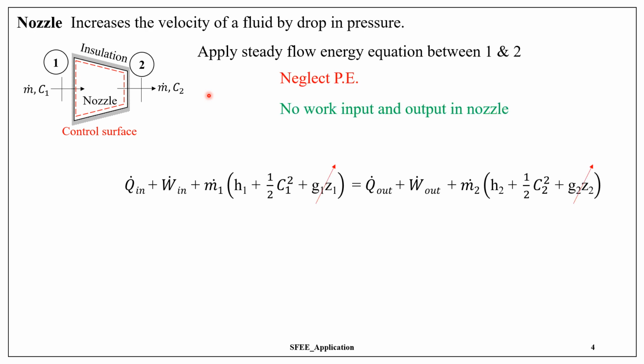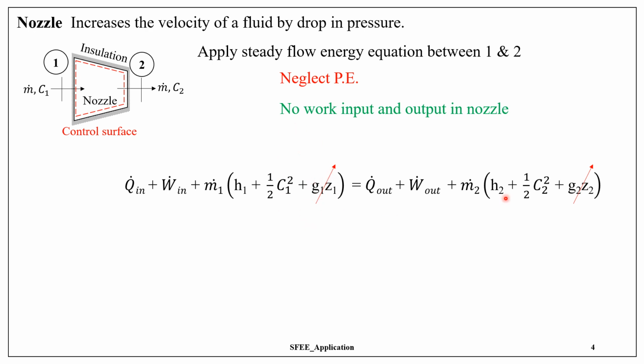Therefore, we cannot neglect the kinetic energy here. We can neglect only potential energy because the purpose of a nozzle is to increase the velocity. Therefore, the kinetic energy term remains.